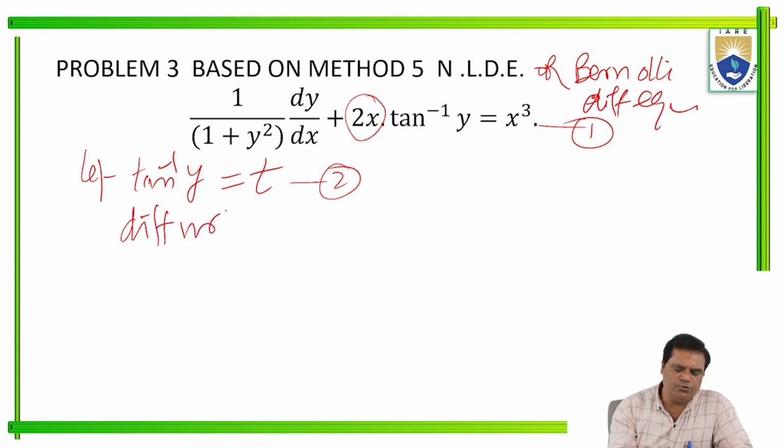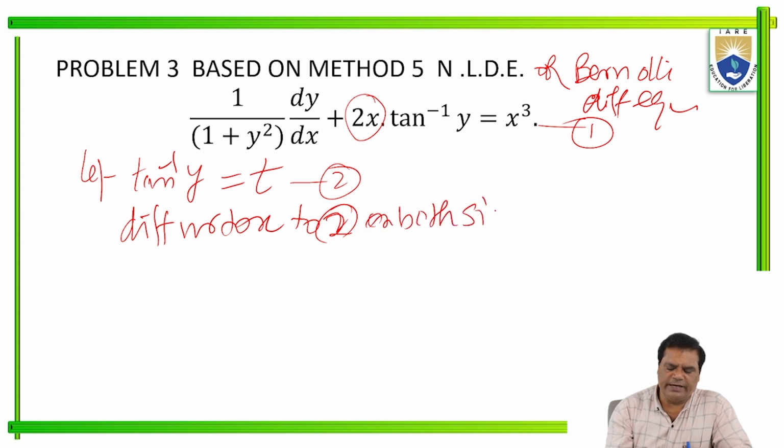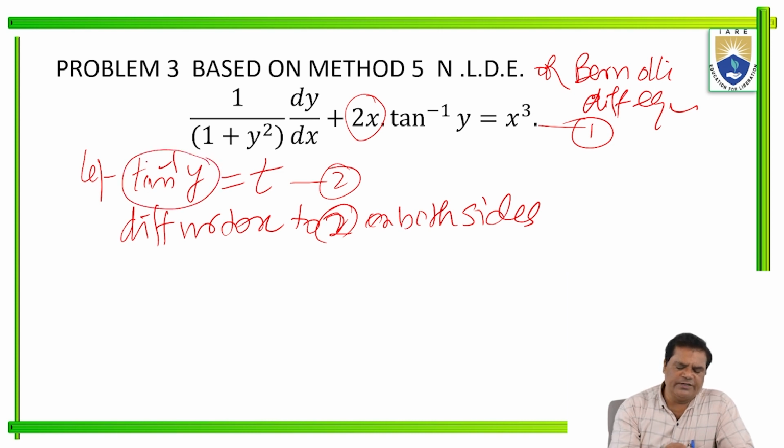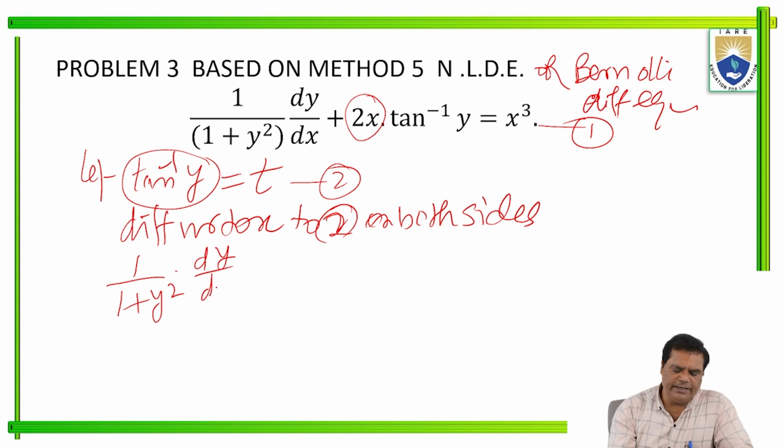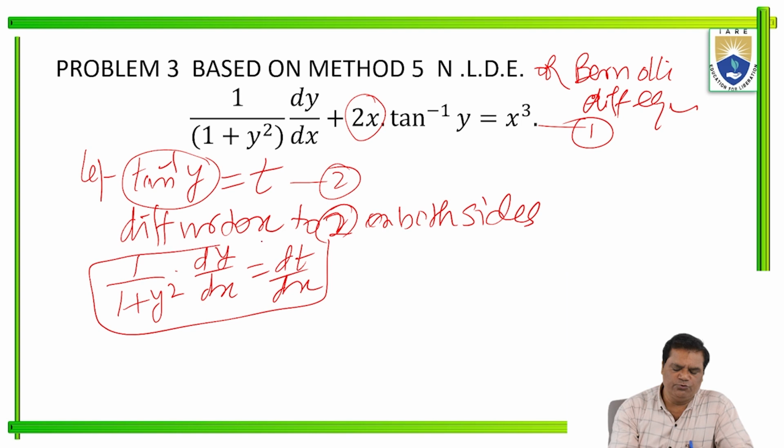Differentiating equation 2 with respect to x on both sides. Now how can we differentiate tan inverse y with respect to x? So here 1 upon 1 plus y square times dy over dx is equal to dt over dx. This is equation number 3, and this is equation number 2.